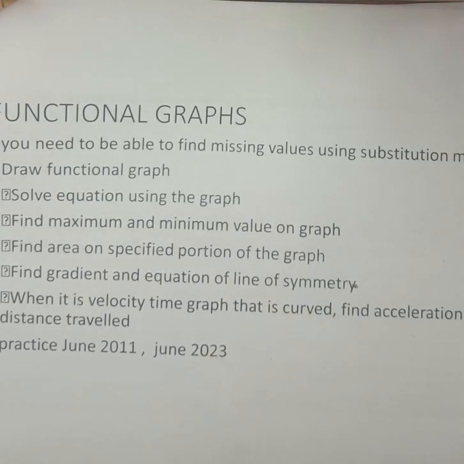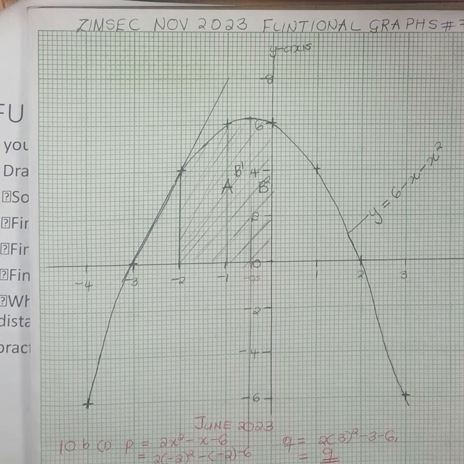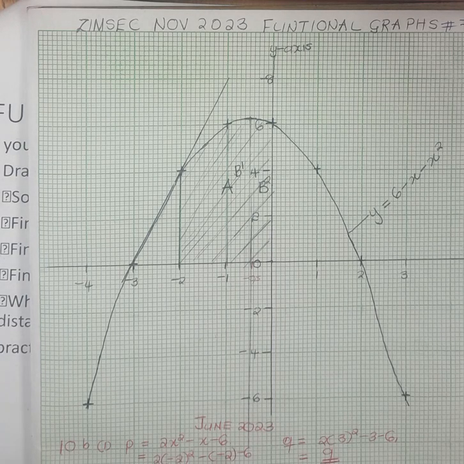On your functional graphs, you are going to be asked about finding the gradient and also the equation of line of symmetry. So when you are calculating the gradient, make sure that you draw a tangent correctly and you find the gradient of that tangent. For example, in November 2023, it was saying use the graph to find the gradient of the graph when x is equal to minus 2.